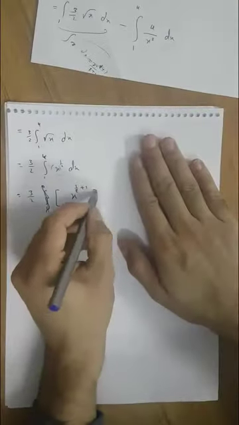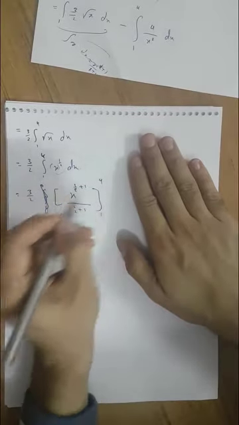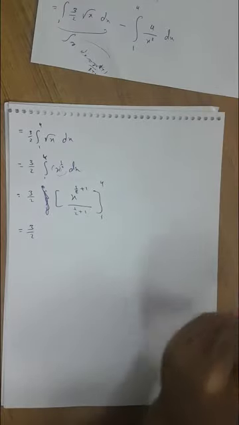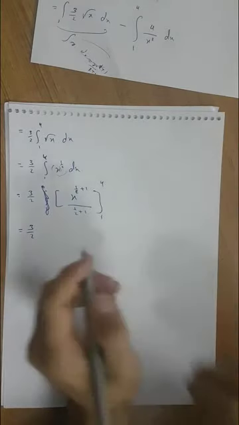So I say it is equal to, from 1 to 4, do not forget that, 3 over 2, and equal to what?